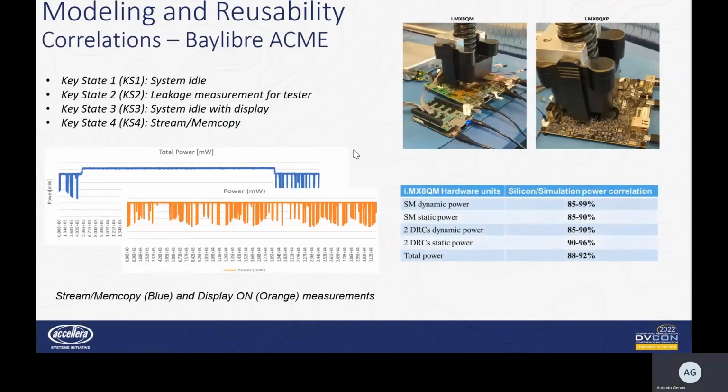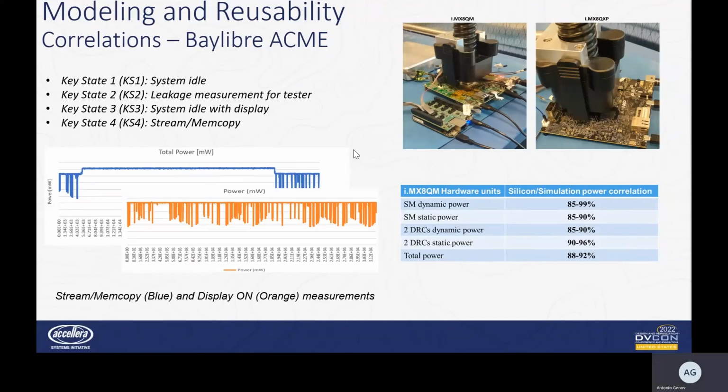For the power consumption correlation, we have used power measurements extracted with the Bay Libre Acme board for power measurement, and we have controlled the temperature with the MaxTC temperature forcing system in order to keep a stable ambient temperature.